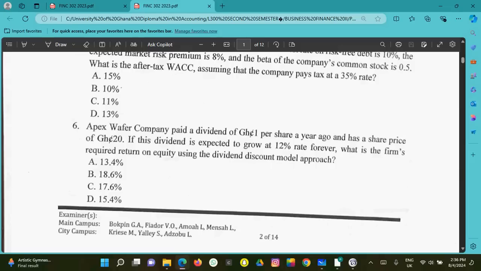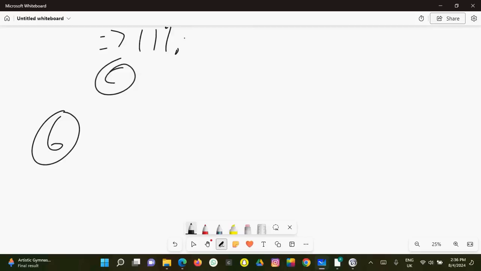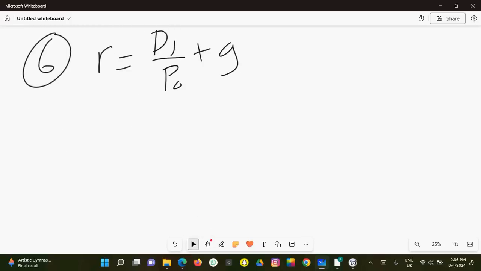So here also they are asking us for the cost of equity, like what we have been doing. So remember, our required rate is equal to D1 over price plus growth. So now in this question, we have to solve for D1.